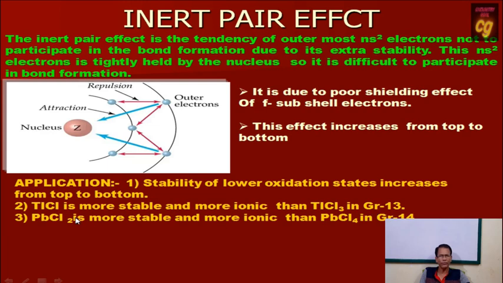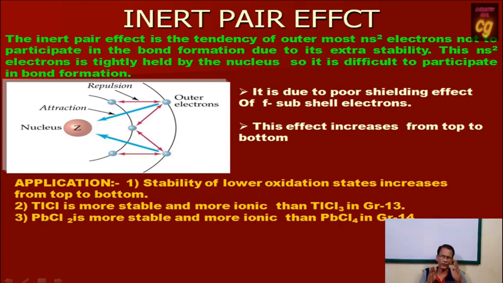In group 13, thallium monochloride is more stable than thallium trichloride, because Tl+ is more stable than Tl+3 due to the inert pair effect. Similarly, in group 14, lead +2 is more stable than Pb+4 due to the inert pair.